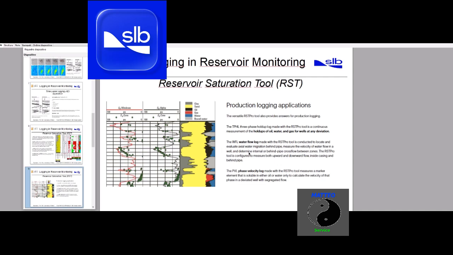The principal parameters analyzed in reservoir saturation are not only the carbon-oxygen ratio, but also the water flow log, and also the gas water flow logs.